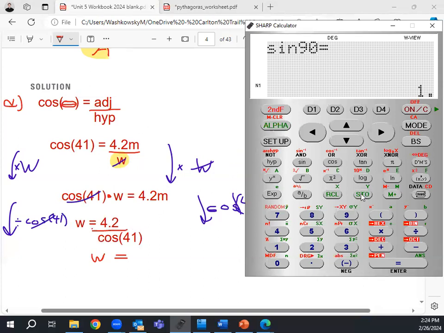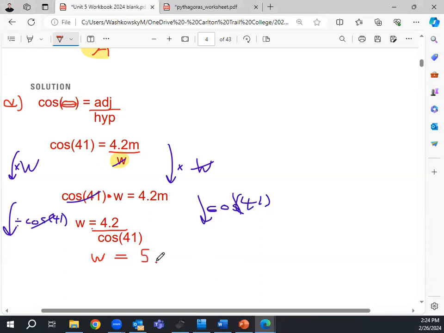So I can actually take this 4.2 and divide that by cosine of 41. I'm dividing it by a really small number right now, but it's going to work. So it's going to be equal to 5.56, let's say 5.6, so it's equal to 5.6 meters.